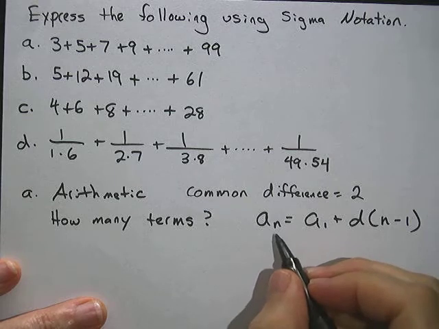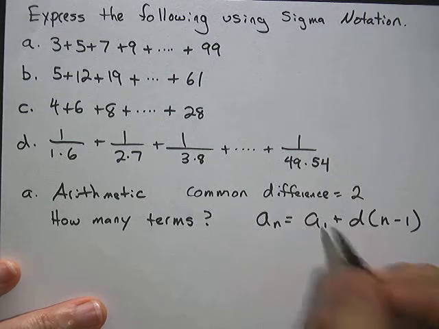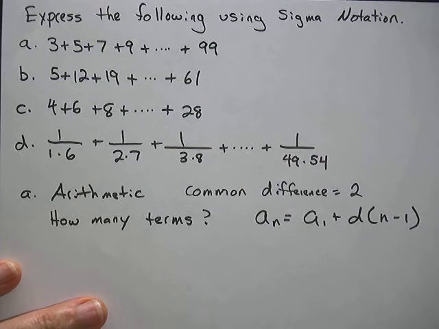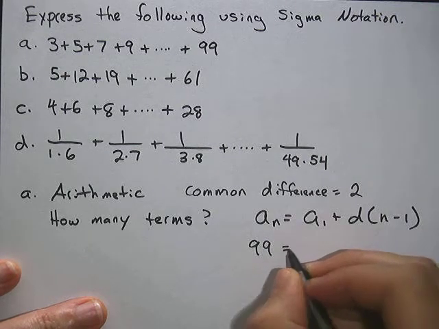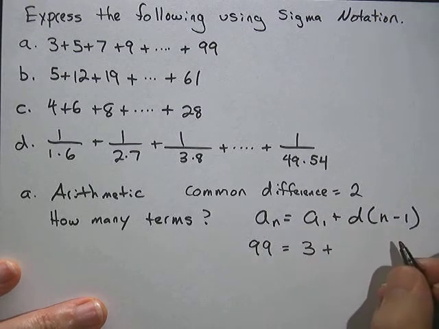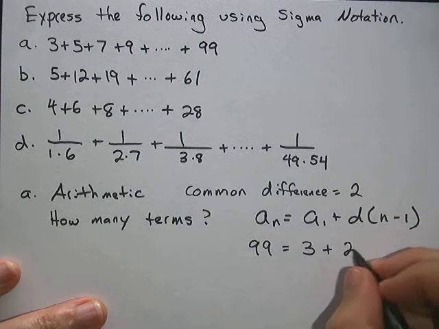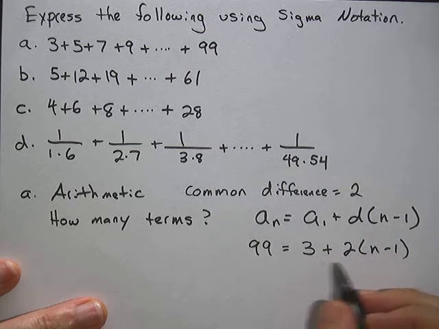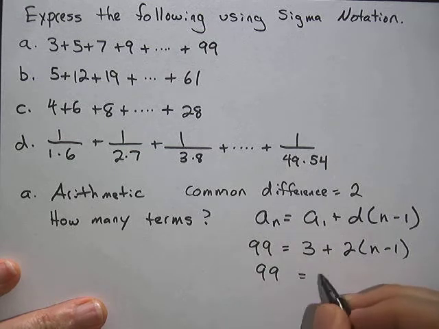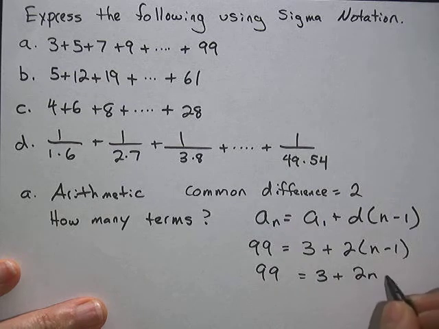We'll say a sub n will be our last term, and a sub 1 is going to be our first term. So in this particular case, on letter A, we have 99 is equal to 3 plus, what was our common difference? 2 times n minus 1. Okay, and if we solve that for n, we get 99 equals 3 plus 2n minus 2 when we distribute that 2.